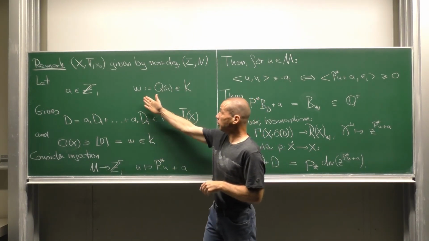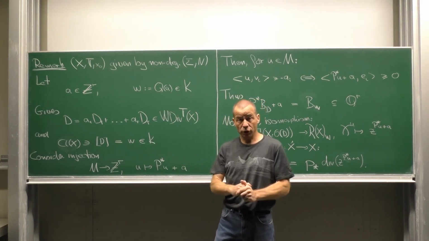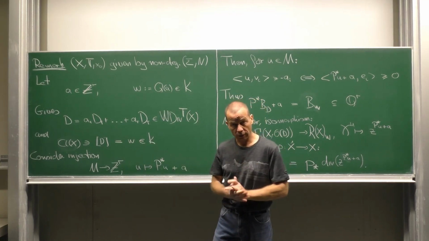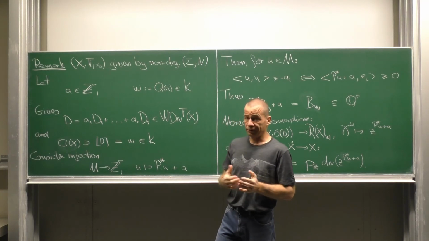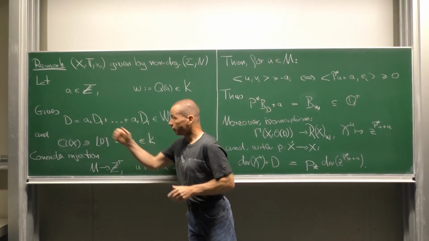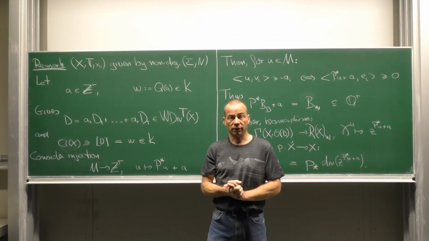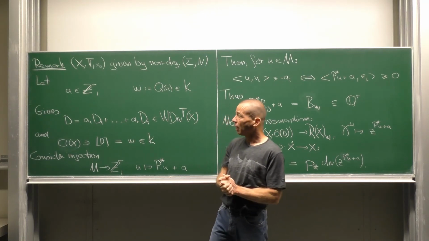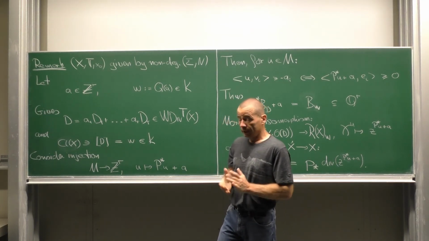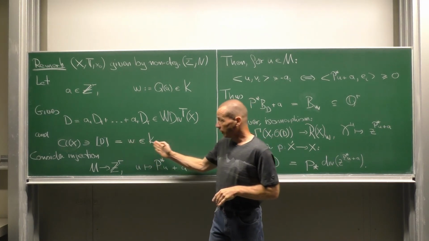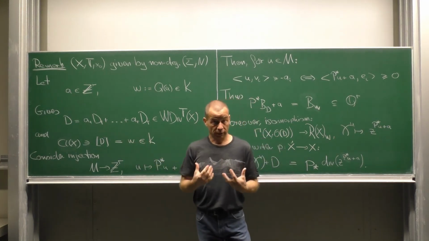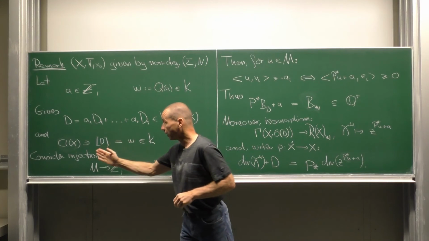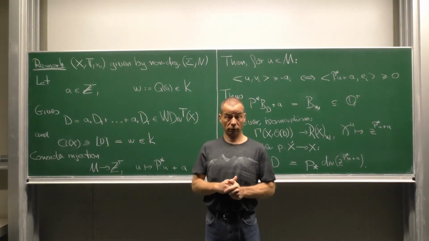Let w denote the image of a in K. Then this a gives us an invariant divisor D on X. And this w in K gives us the divisor class of D.